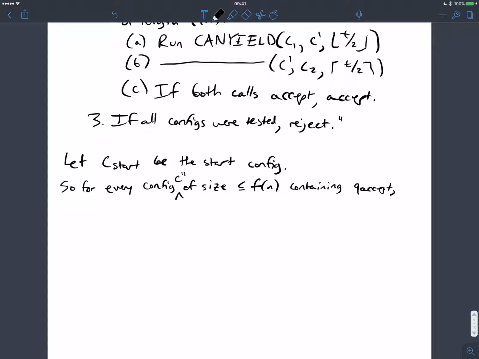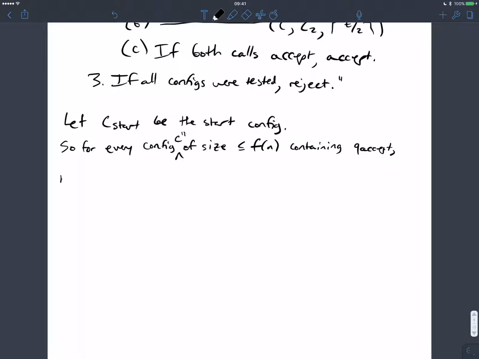Okay, well, now we just got to figure out how many steps it could possibly take for me to get from this start config to the ending one. So let's see. We'll run can yield from C start to C double prime.